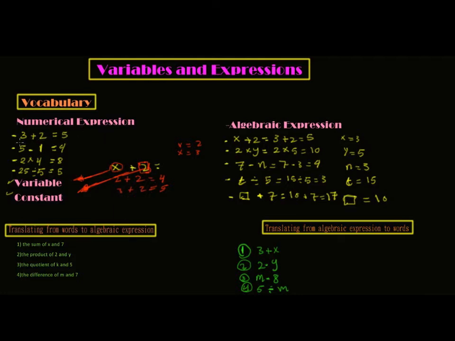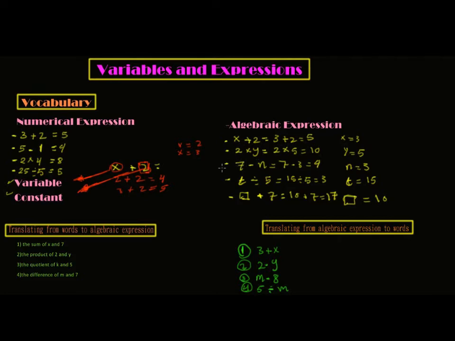So here we have constant plus constant, so I know exactly the answer will be 5. But here I couldn't define the answer until I find the value of x. So here we have variable plus constant. In an algebraic expression we use variable plus constant, or multiply by constant, or divide by constant, or subtract a constant.